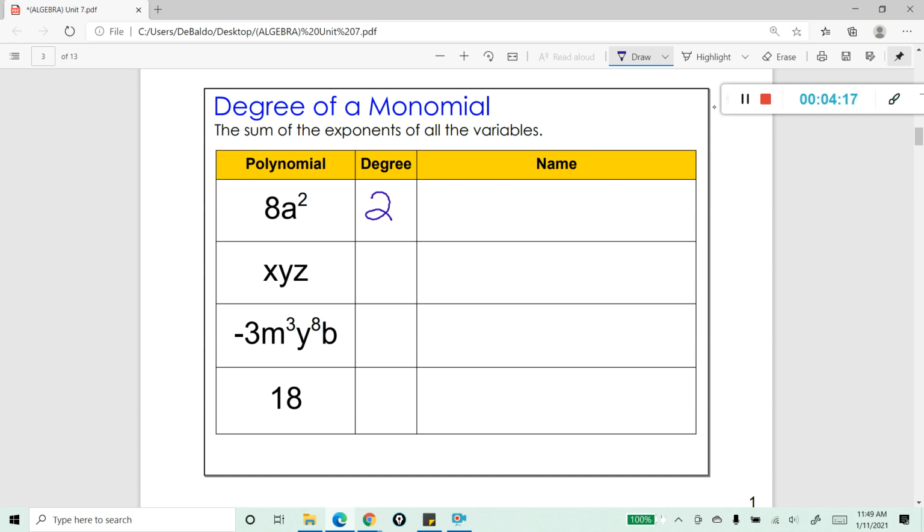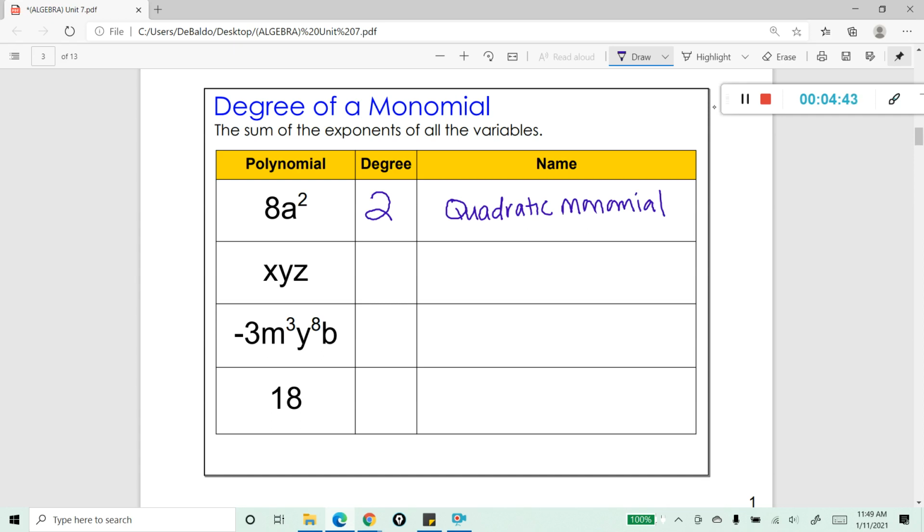The name of this is going to be a quadratic monomial. So I'm going to go ahead and write that down. Quadratic monomial, because we have a highest degree here of 2 and it's one term. So it's a quadratic monomial.